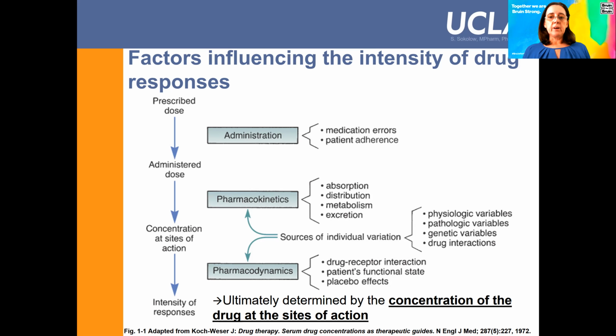Now, we also know that genetics play an important role in the way drugs are metabolized in the body, that there are differences between ethnicities, and some are faster metabolizers than others. And this is going to be explained in detail, not in this module, but in one of the future modules. So I'm not going to go into much detail right now, but you can understand that those variations are going to influence either the absorption of the drug from the GI tract if it's a drug that is taken orally, where absorption means going from the GI tract to the bloodstream, or the drug receptor interaction.